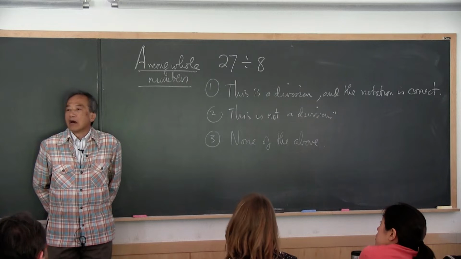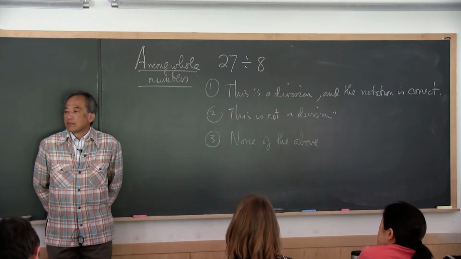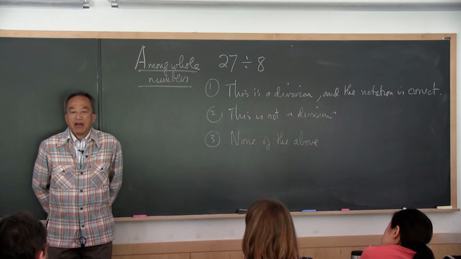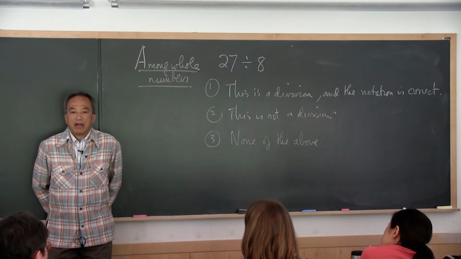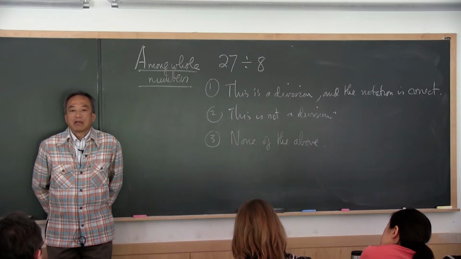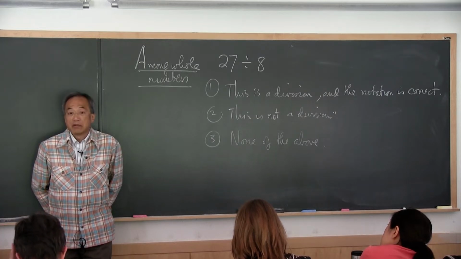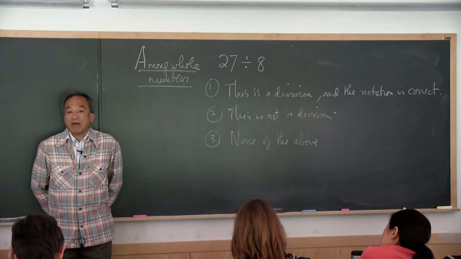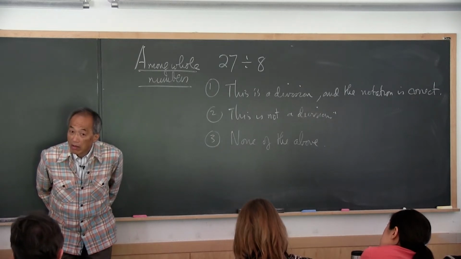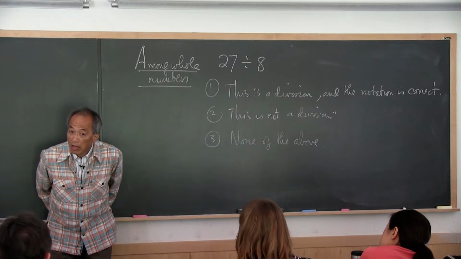Good. Now other people, just be more forthright and say something. Partitioning a whole unit into pieces of equal size. Okay. In this case, what do you get then? Remainder. Okay. So do you say it was division? I said none of the above because the symbol's not correct.